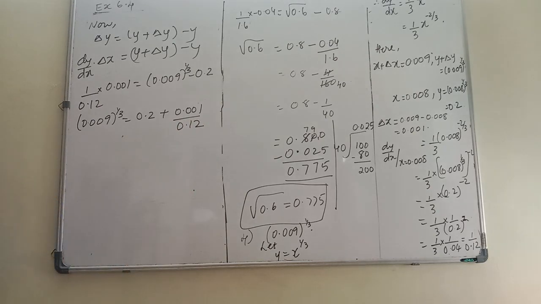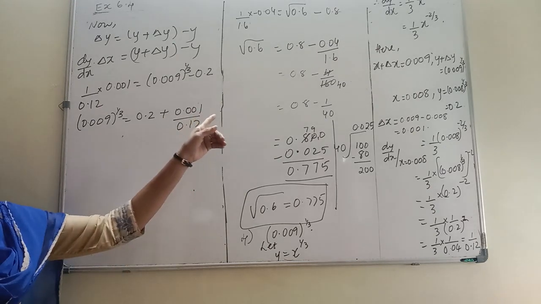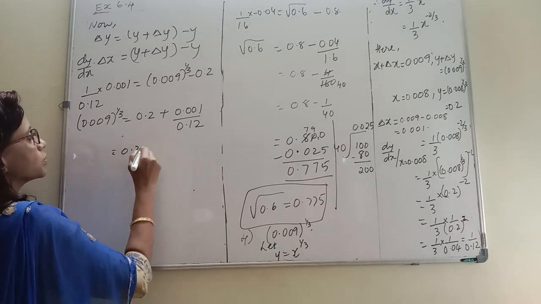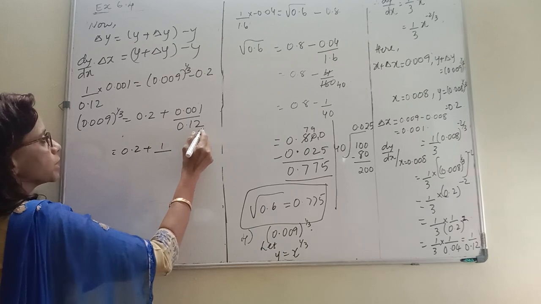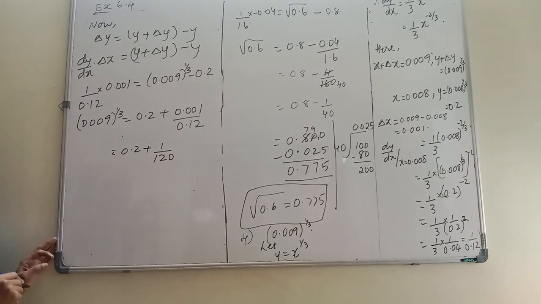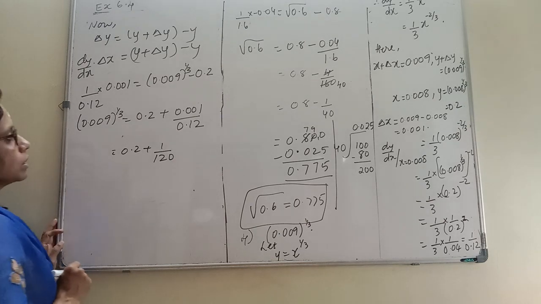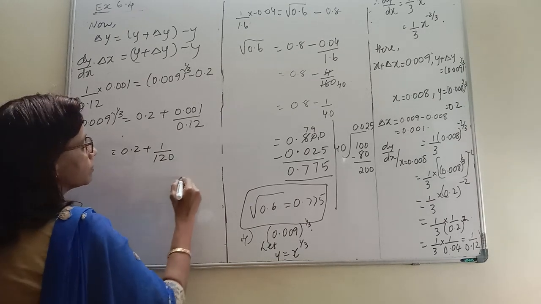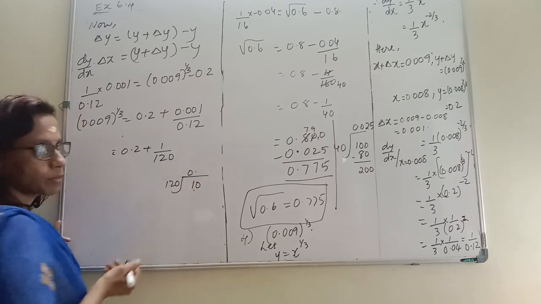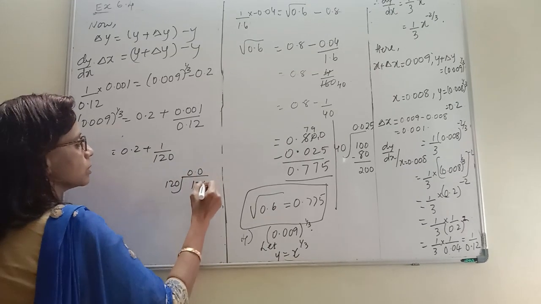That's quite good. We know that we can multiply by 1000 so that you can have the decimals removed. 0.2 plus 1, multiplied by 1000, means it will be 120. So 1 divided by 120. So let's see how it will come. 1 divided by 120, 0. Not able to divide. One more 0, 100.